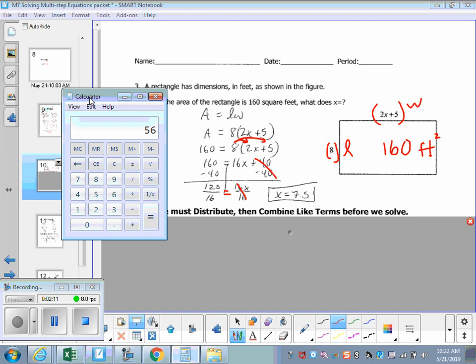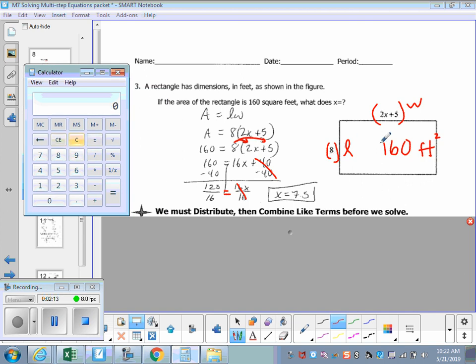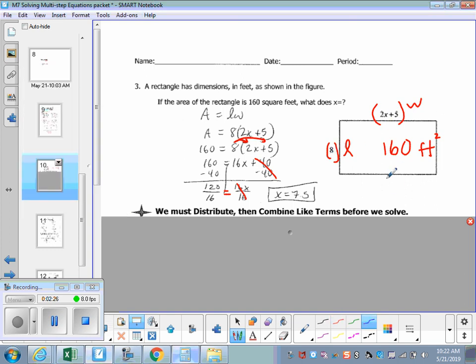Now in my calculator, real quick, I'm going to show you guys that if you know the original area is 160, go ahead and just divide it by the 8. And you know that this side right here has to be a 20. This side must be 20 because 8 by 20, let me write this in right here, 8 by 20 would be the 160. So if we know 8 by 20 is 160, we know that this guy right here should be a 20.